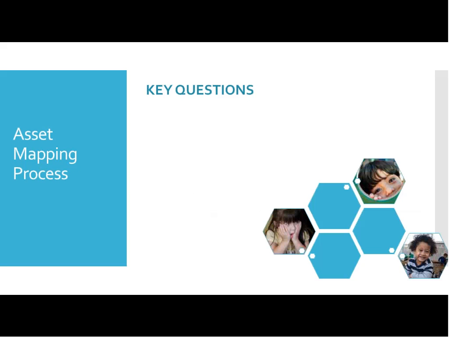All right, so let's start walking through the asset mapping process. We're going to highlight some key questions that really are a framework for walking us through it. So let's first look at natural touch points. What are the natural touch points for children 0 to 6 in your community? Asset inventory. What community resources and assets exist that can or are contributing to positive outcomes for children?